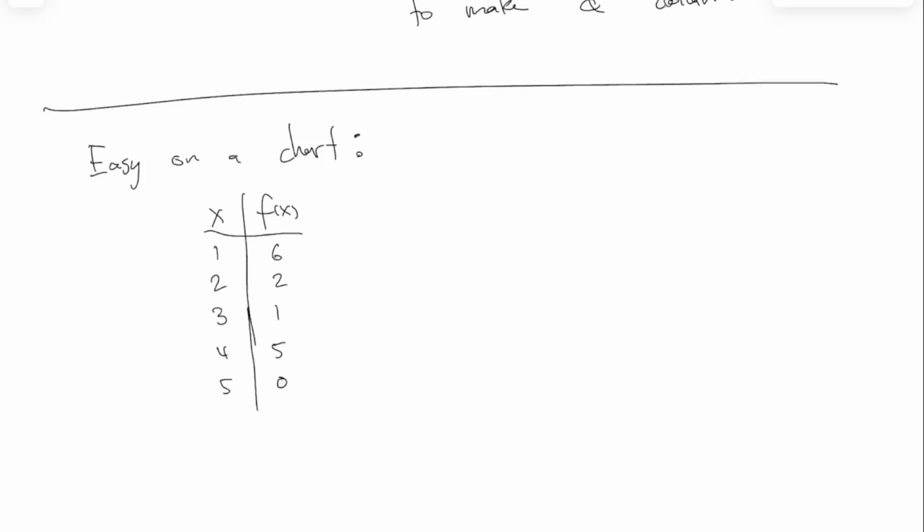Can we give a chart for the inverse? Here I'm going to use the same variable name again, although you could call it y instead if you prefer. But anyway, what does the inverse represent? It represents the same relationship, but just said the other way around. So here, when x is 1, f of x is 6.